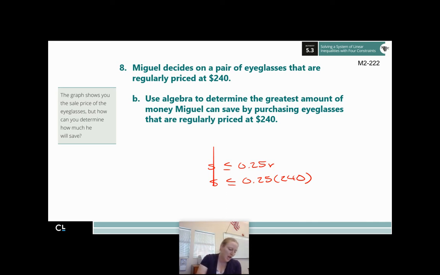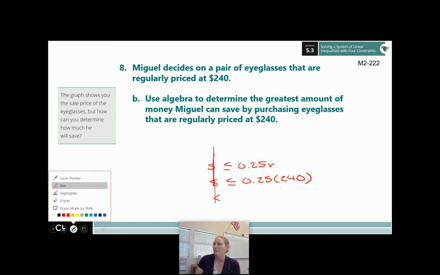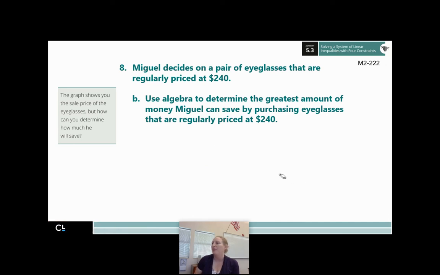240 times 0.25 means that Miguel would be spending, and actually I did this wrong. We want to know how much he's saving, not how much he's spending. Hang on, I can fix it. So we want to know how much he's saving, and of course, he can save as much as 75%.